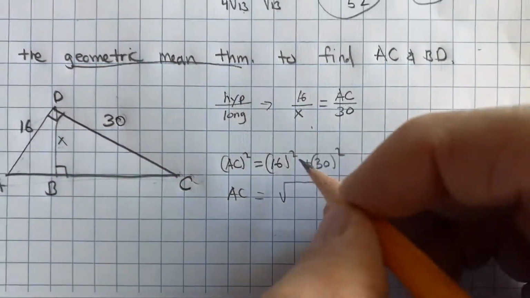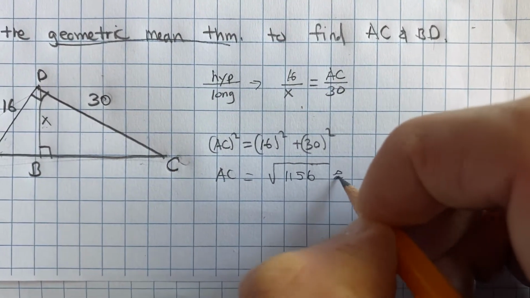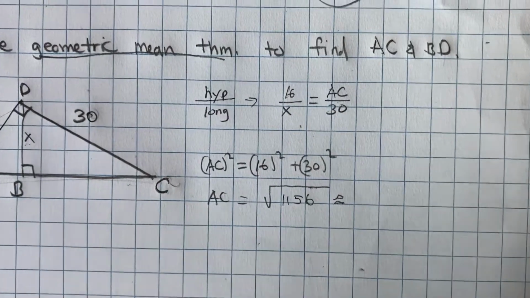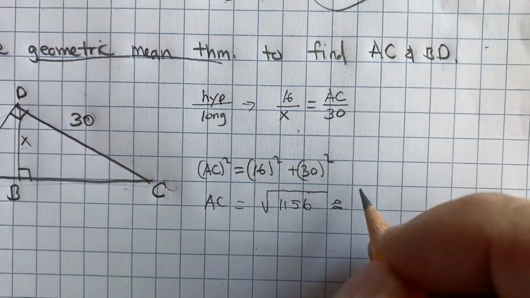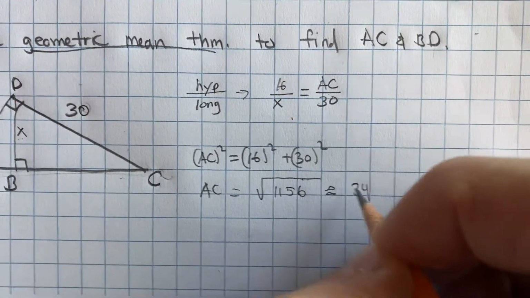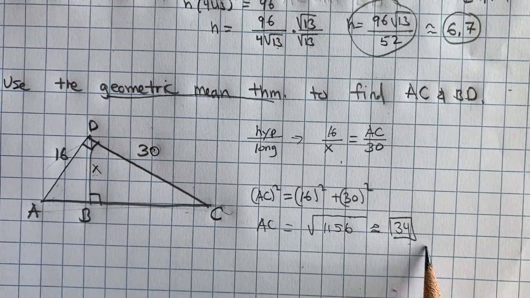You're going to get 1156. And the square root of 1156, well, not approximately, it's going to give you 34. Okay, so AC is 34.